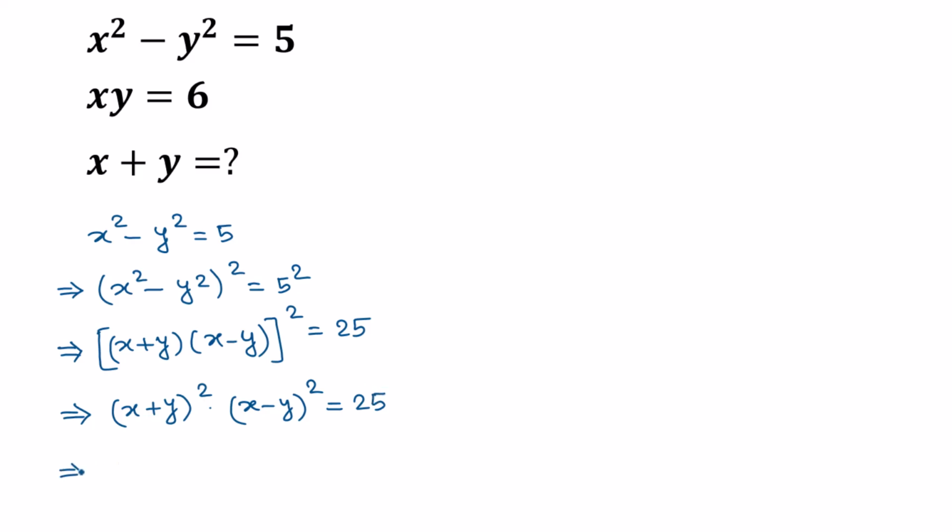Consider this x plus y as a. So substituting this term as a, we can write a square. And this (x minus y) whole square, applying the formula, we can write as (x plus y) whole square minus 4 times xy.